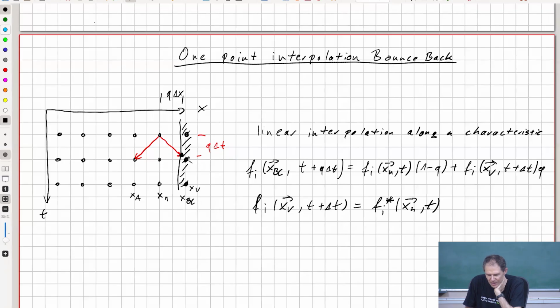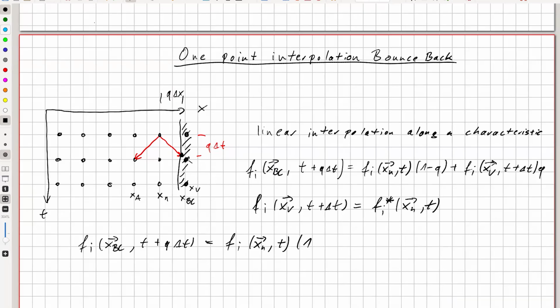So we can basically plug this in and have Fi at the boundary at t plus q delta t equal to Fi xn and t times 1 minus q plus Fi asterisk xn and t times q. Okay, so now everything just comes from this node so far, right? So now we apply a bounce back on the wall.